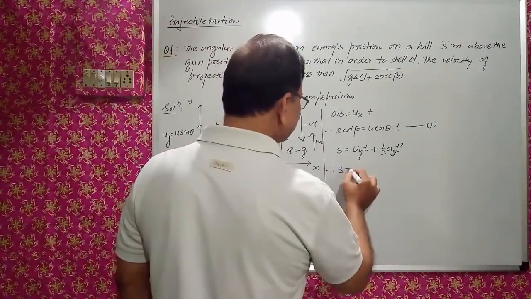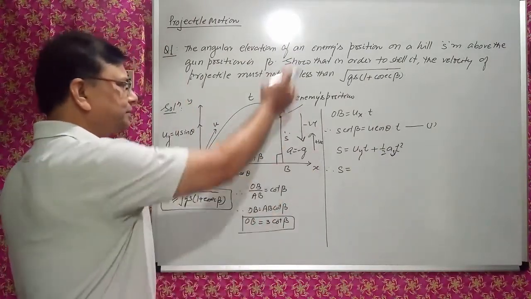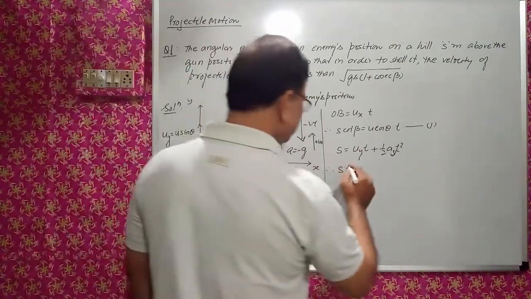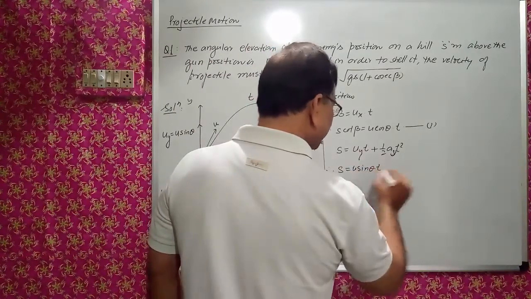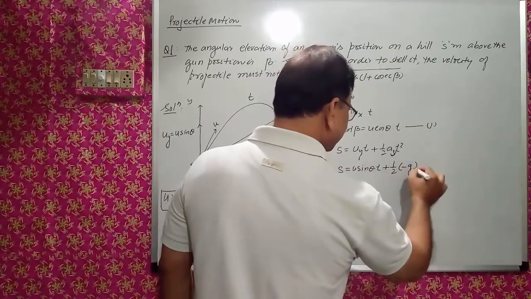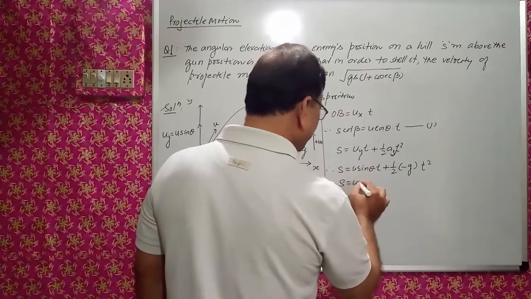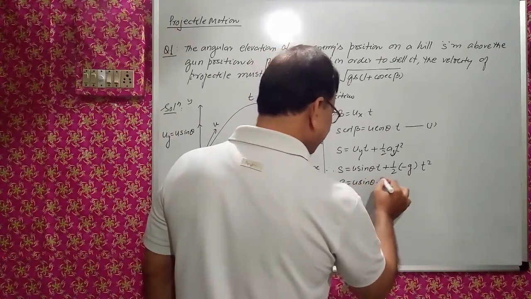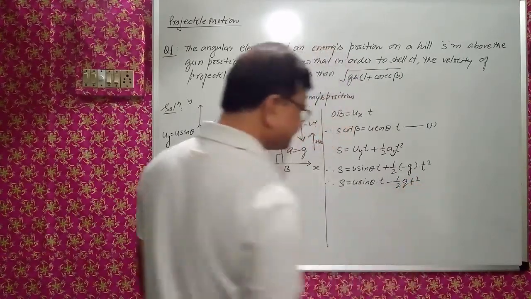What is uy? uy is in positive direction, I have taken positive direction upward. So u sin theta into t plus half a, which is minus g, into t square. Therefore, S is equal to u sin theta t minus half g t square.